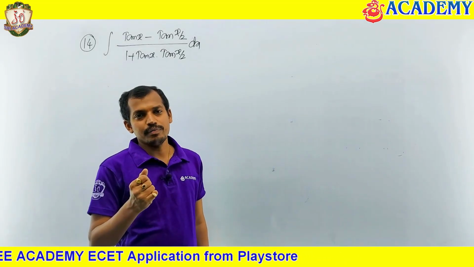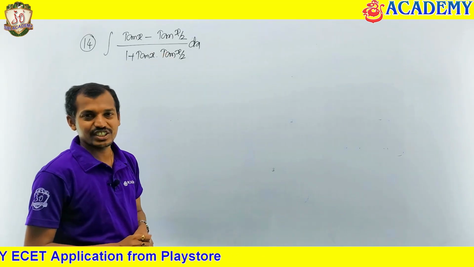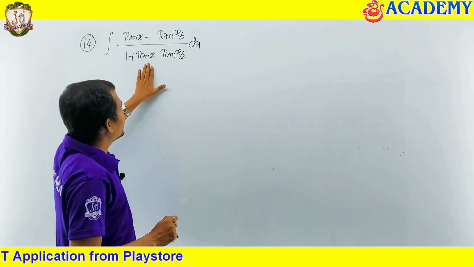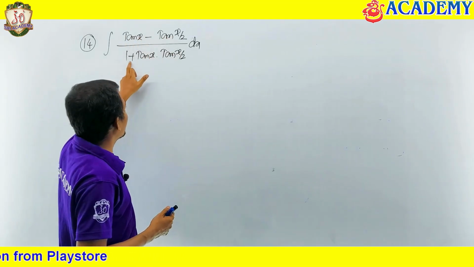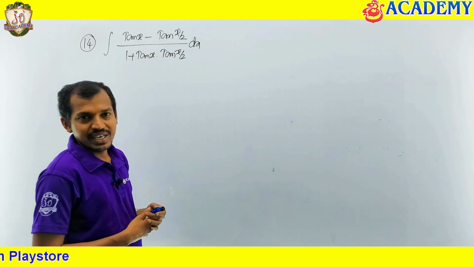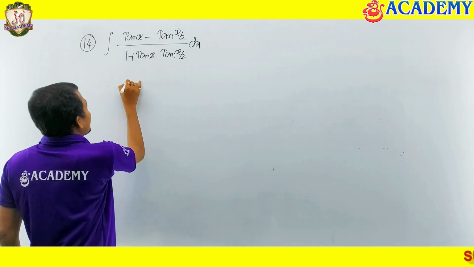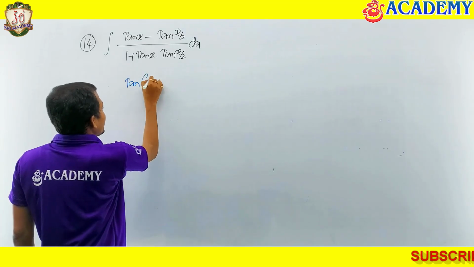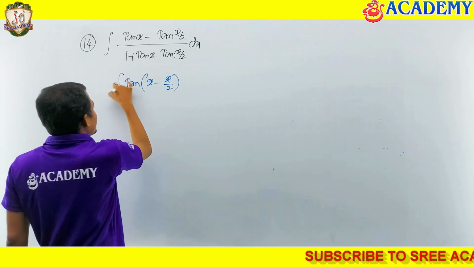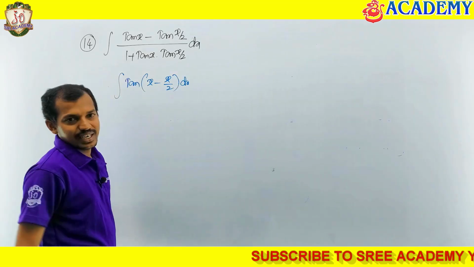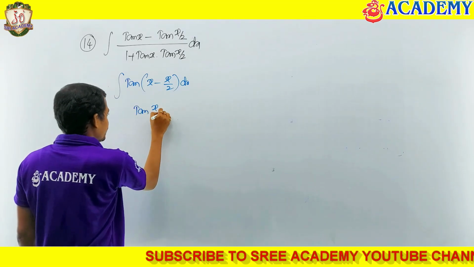Let's see this problem: integral of tan x minus tan x by 2 divided by 1 plus tan x into tan x by 2. From the trigonometry concept, it is in the form of tan a minus tan b by 1 plus tan a tan b, which is nothing but tan of a minus b, with a equal to x and b equal to x by 2. That is x minus x by 2, which is nothing but tan x by 2.